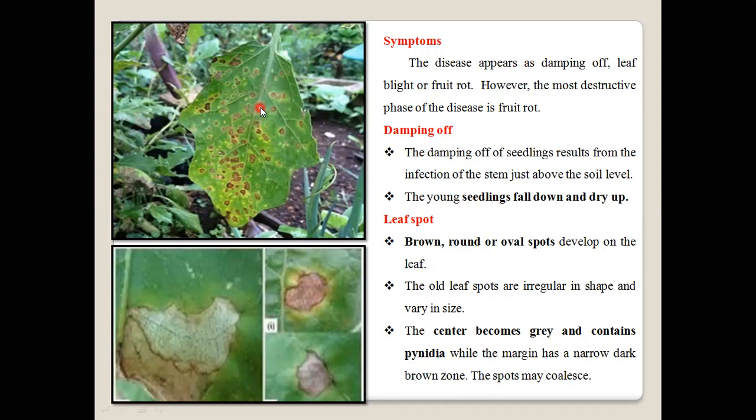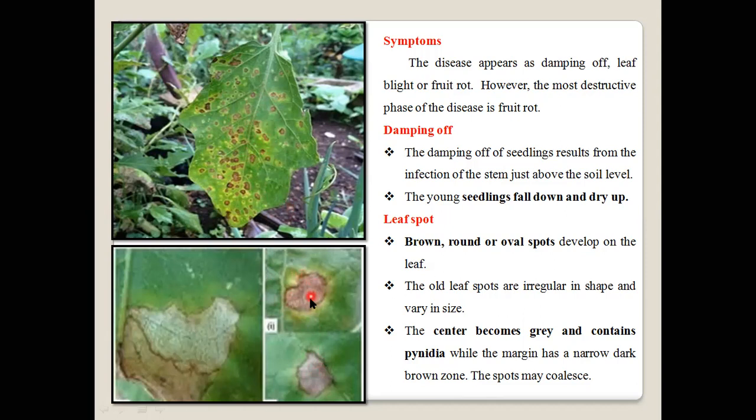A majority portion of the leaf shows such oval to round brownish spots. These spots grow in concentric manners, so irregular or somewhat concentric rings develop particularly on leaf portions.